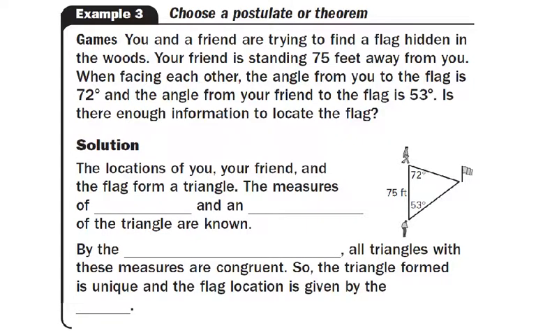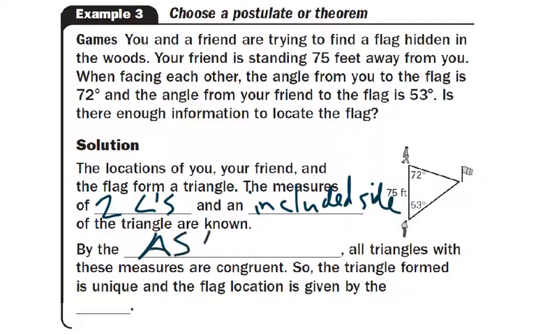The measures of 2 angles and an included side are known. So, by the angle-side-angle congruence theorem, all triangles with these measures are congruent. So the triangle formed is unique, and the flag location is given by the third vertex.